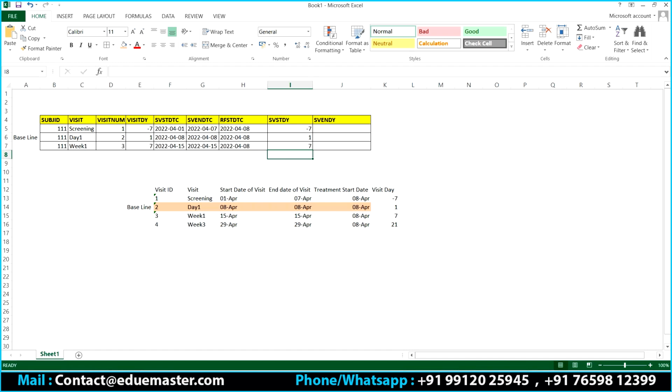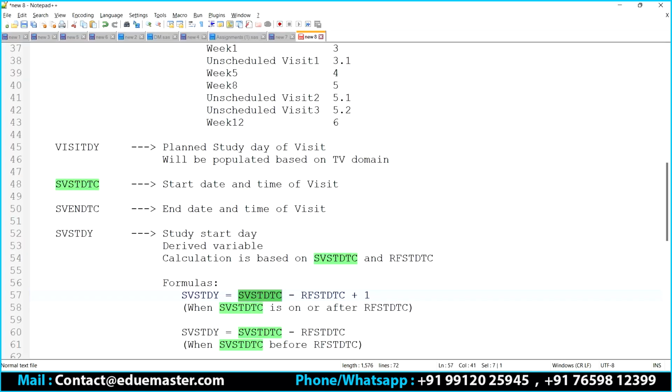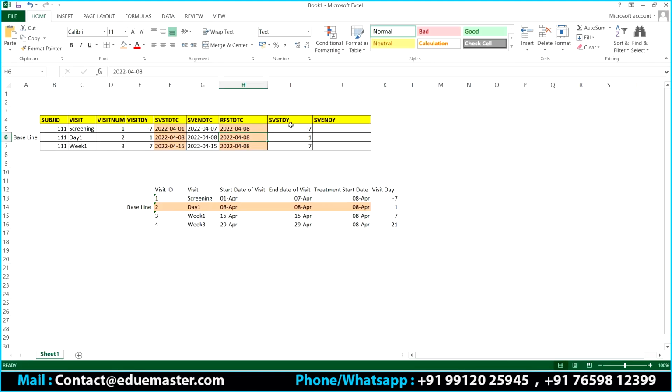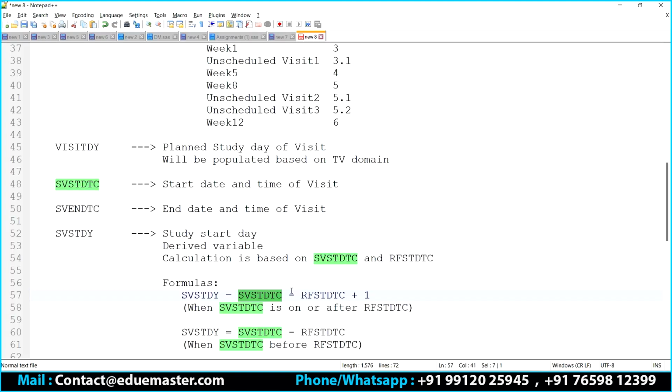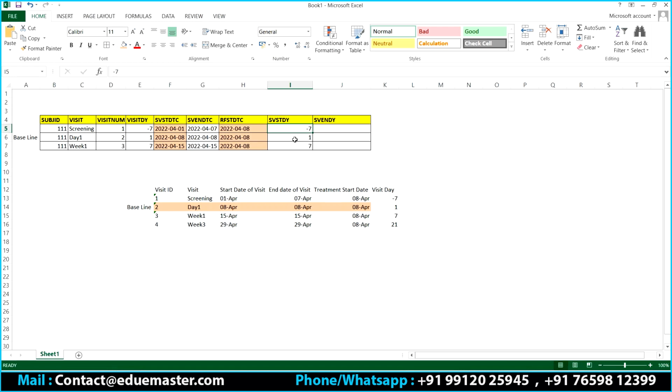All of you are able to follow how we are calculating this? I'm considering these two rows for calculating this. If my SVSDTC is before my RFSDTC, then how to calculate? Simply I'm going to subtract it. I subtracted here. If it is on or after, I have to add 1. I have done this.